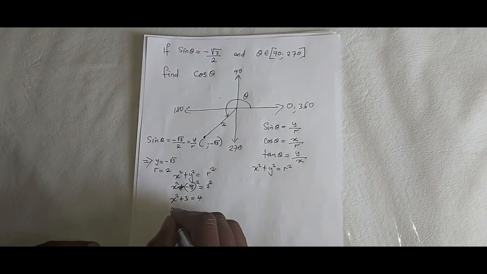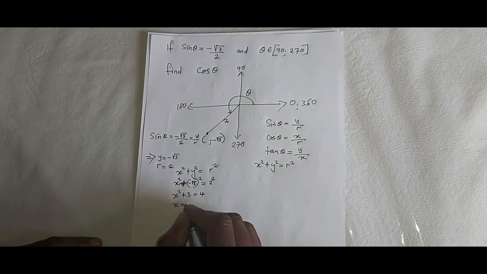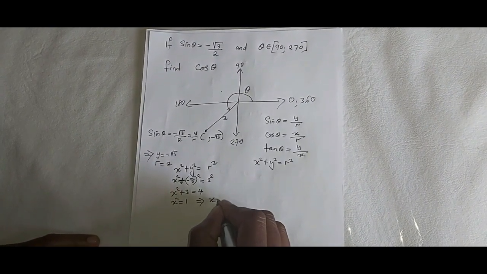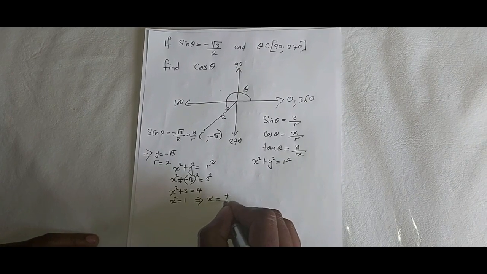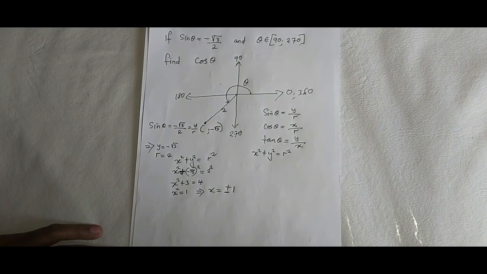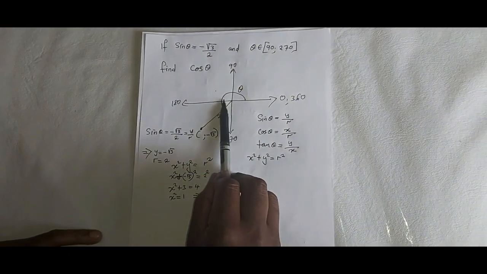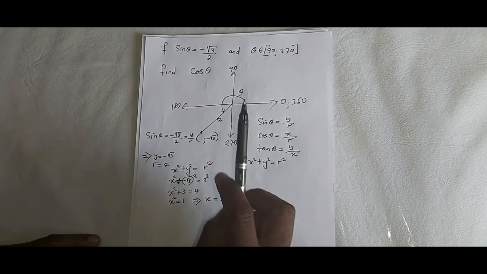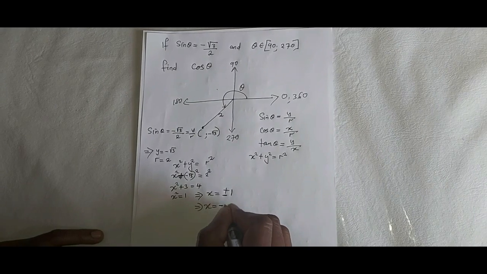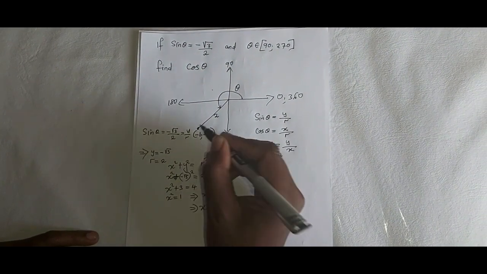Then x squared is 4 minus 3, which is 1, which means our x equals plus or minus 1. But we cannot take both. We must choose which one is the best. As you can see, we are going to the negative side of the x-axis, which means here our x equals minus 1. Then here I'll label minus 1.